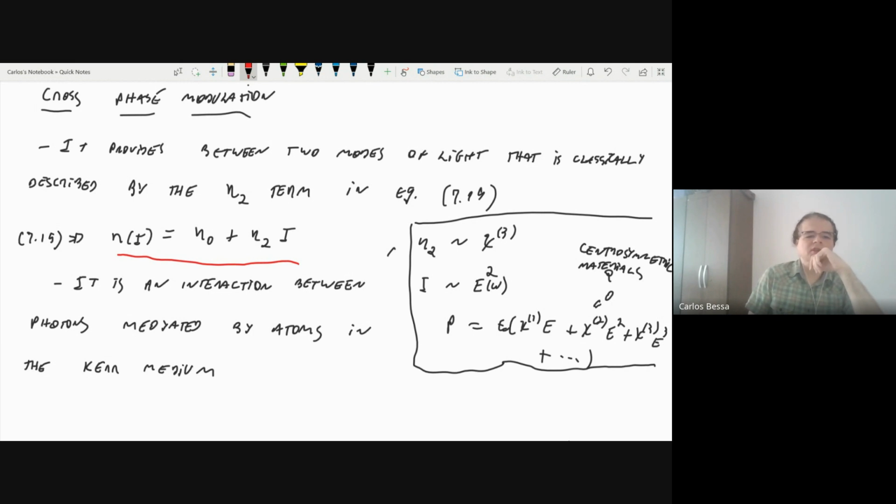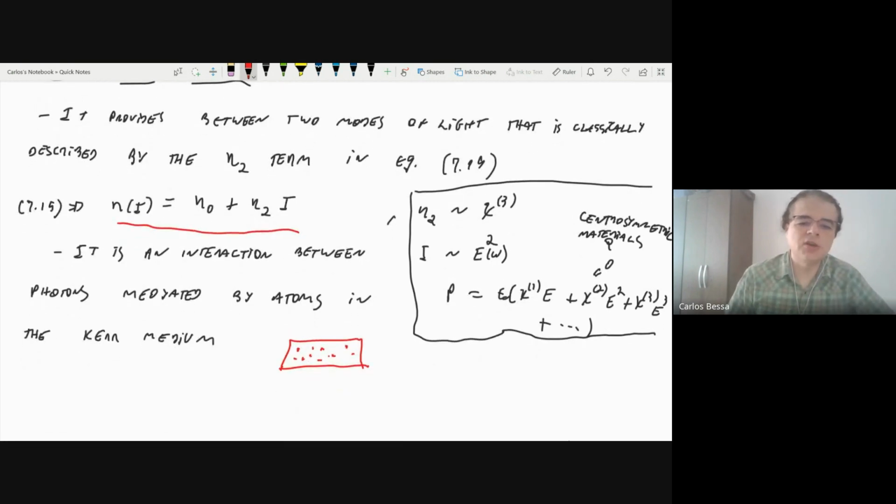One way is to consider the quantum mechanical effects of the atoms that compose the Kerr medium, and we can find most of the equations that we show phenomenologically are right. But these details of the calculations using first principles we didn't discuss so much.